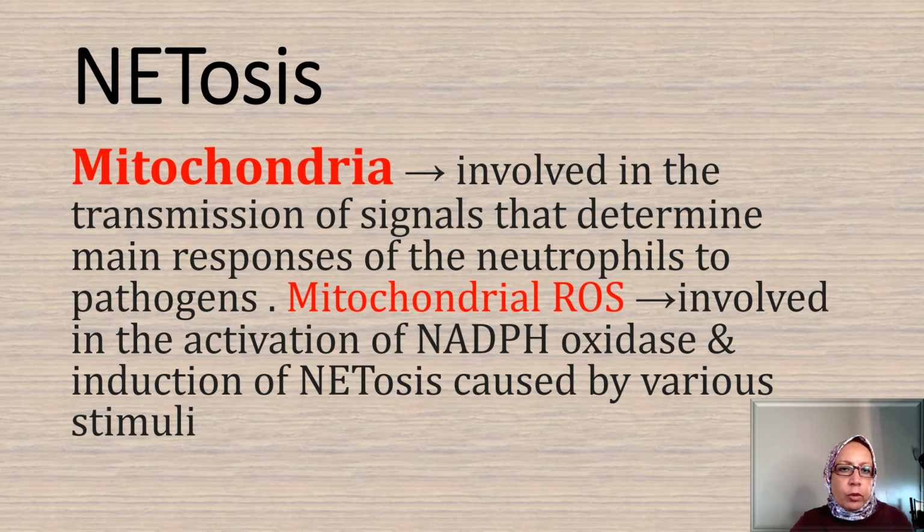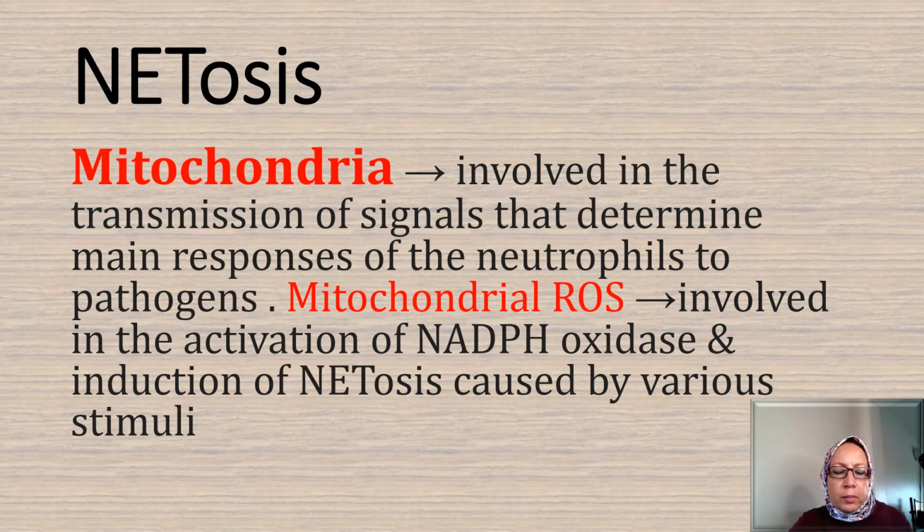The mitochondria also are involved in the transmission of signals that determine a response of neutrophils to pathogens and share in the activation of NADPH oxidase through mitochondrial reactive oxygen species, and also in the induction of NETosis caused by various stimuli.